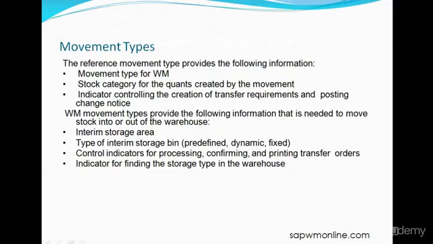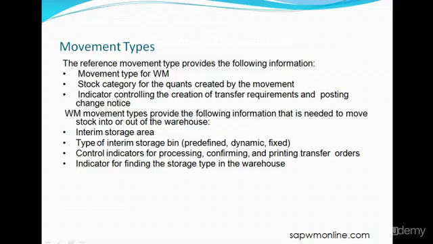We saw the transfer order creation in the background, or no transfer order creation, and there is also the possibility of initiating the transfer order creation. The system takes us to the screen and initiates a transfer order creation.